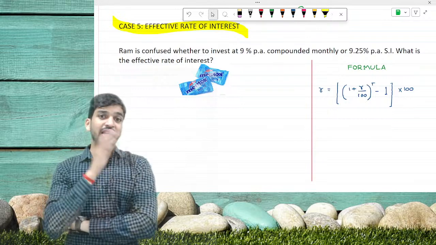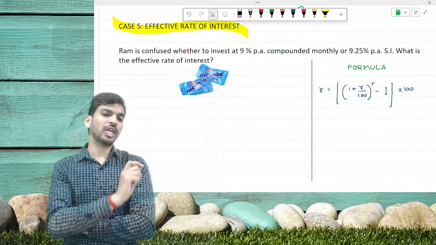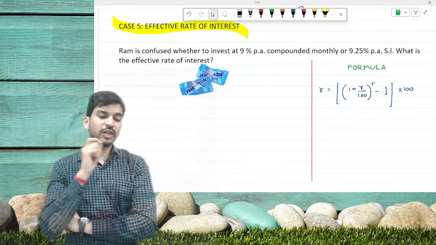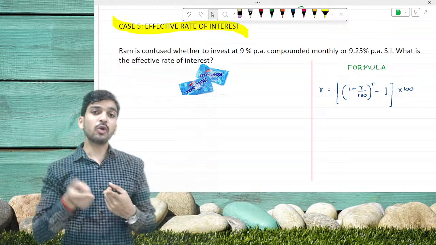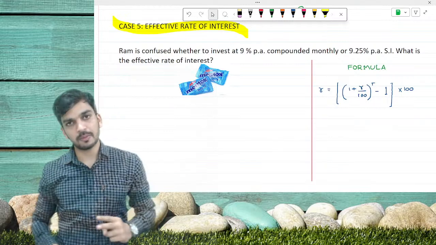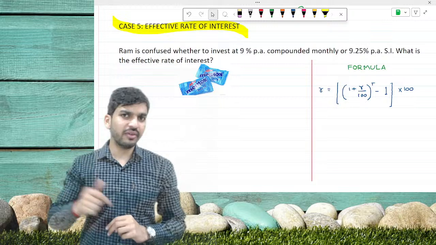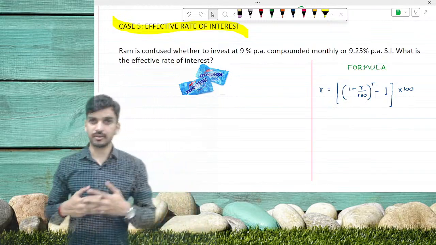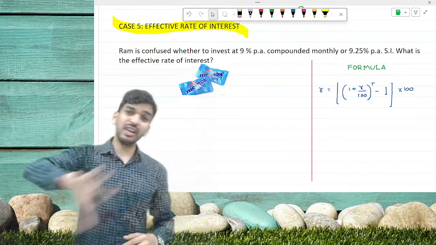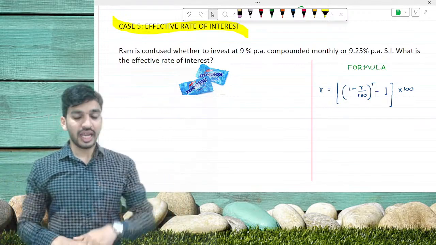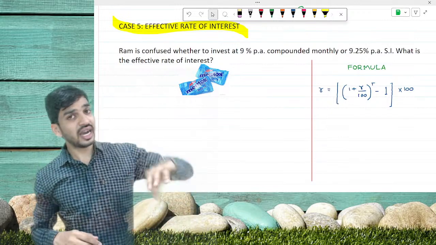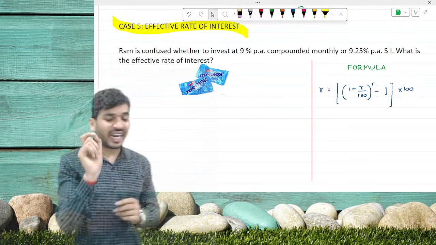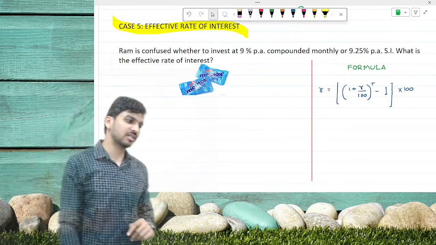So let me tell you, the correct answer will be cannot be determined, because we do not know the amount, we do not know the time period. If we know these two terms, then we can clearly calculate and find out which bank is better. It is not that compound interest is always better. It is also not that a higher percentage is always better. We need to find out which one is effective, that is giving the best answer.